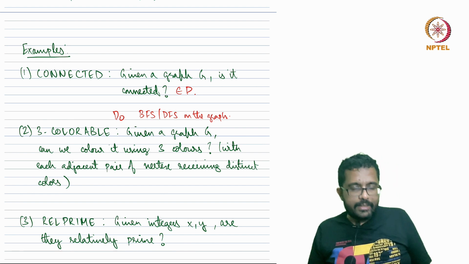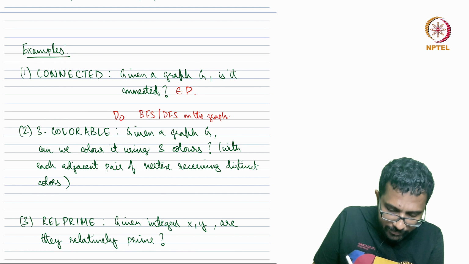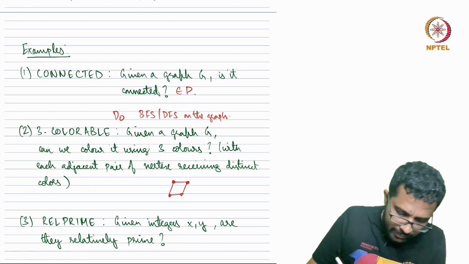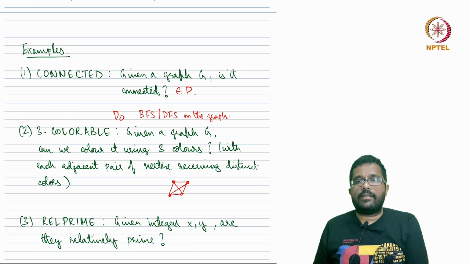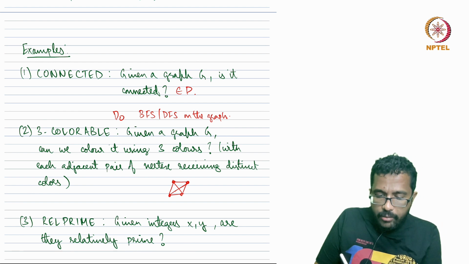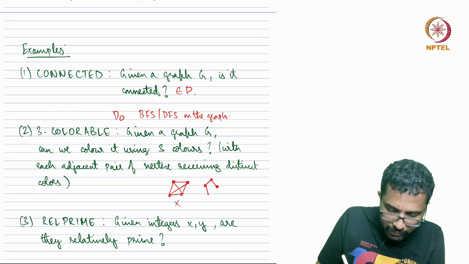The other problem is whether the graph is three colorable. Three colorable means: can a graph be colored using 3 colors such that no 2 neighboring vertices get the same color? So this small graph that I have drawn cannot be colored using 3 colors, whereas this graph that I am drawing can be colored using 3 colors.